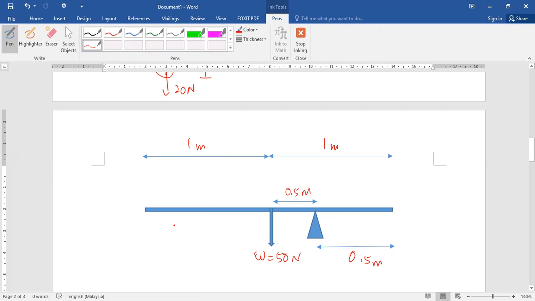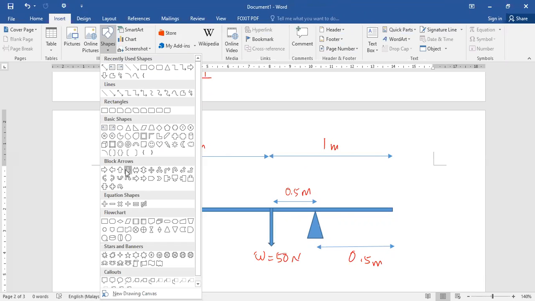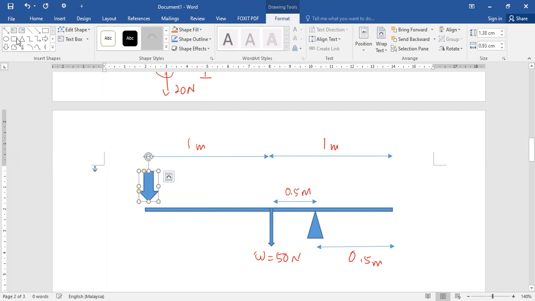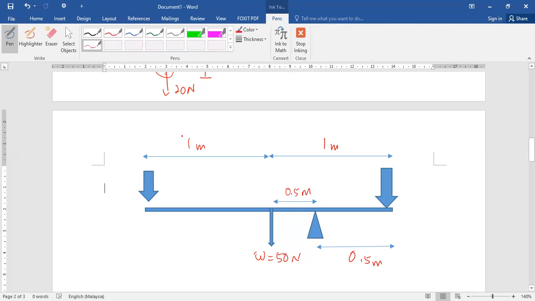Now, they said that there will be 2 forces added on both ends, with the magnitudes of the forces being 50 Newton and 200 Newton each.